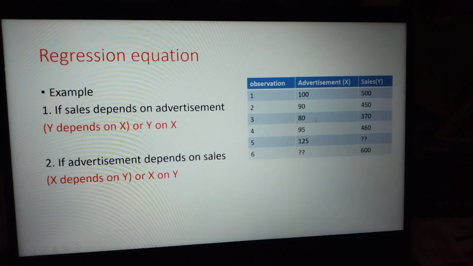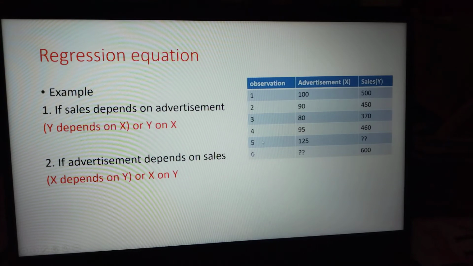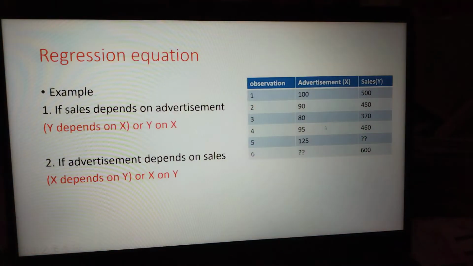In the third year it invested $80 million on advertisement and the benefit was $370. Likewise in the fourth year the advertisement investment was $95 million and the sales benefit was $460. So up to 4 years, the relationship between advertisement and sales was known to the company.